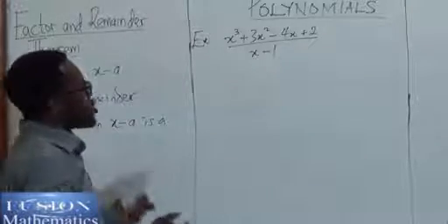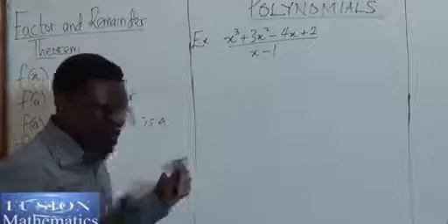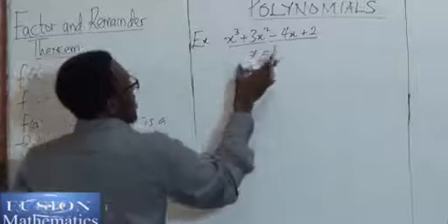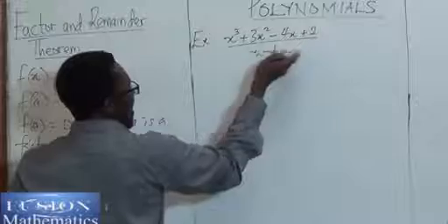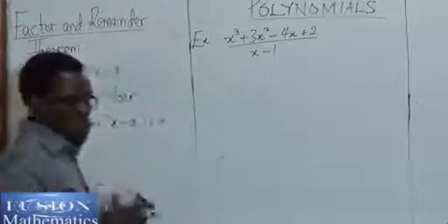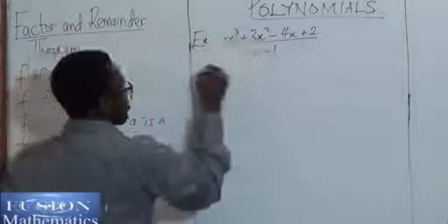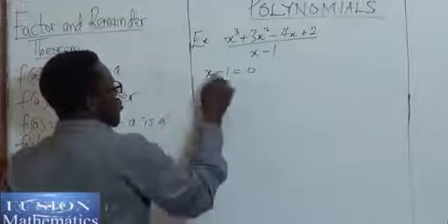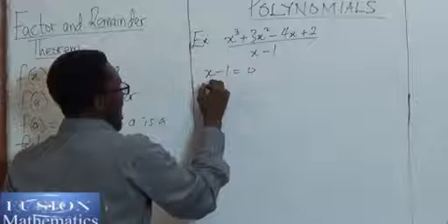And if, for instance, you are asked to look for the remainder, for us to do this, this x minus 1 is the one we are using to divide. So what we do is we equate it to 0. So that will be x minus 1 equal to 0. So we take minus 1 to the other side, making x the subject of the formula.